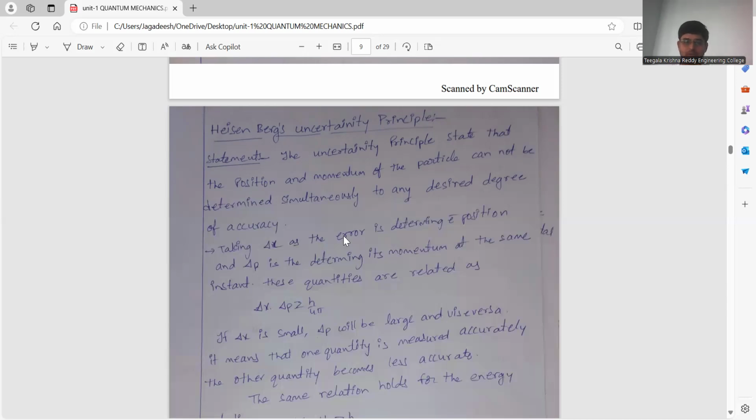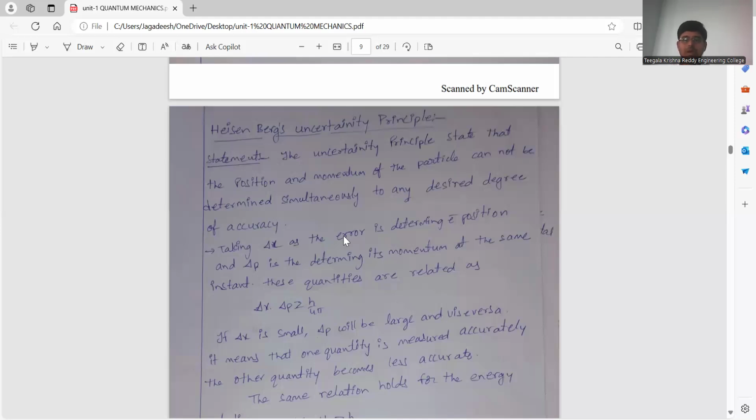Suppose we determine the position of the particle, we cannot determine the momentum, that is, the velocity of the particle. Suppose we accurately determine the position of the particle, but we cannot accurately determine the momentum.